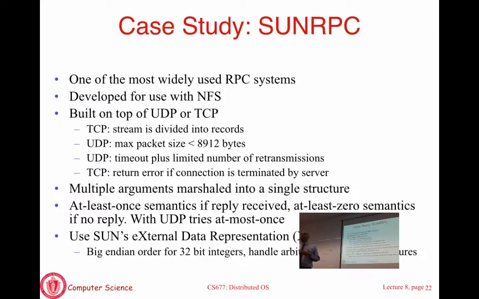So when you receive data, you have to take it from the XDR format and translate it back to your native format. This allows you to deal with various problems, whether you are 32-bit, 64-bit, whether you are little endian, big endian. All this is automatically handled because you are always sending data in a known format. It's not going to depend on the sender's native format. So that was also part of the SUNRPC specification, the XDR representation.